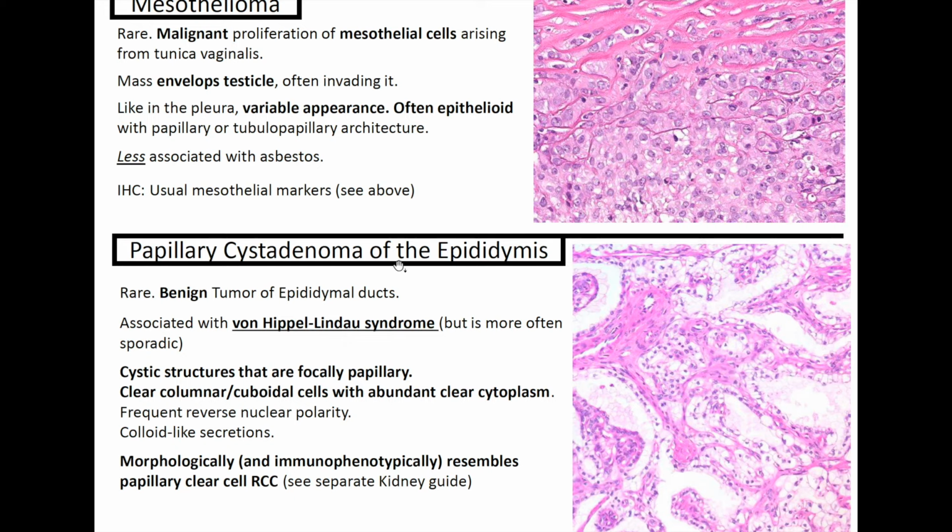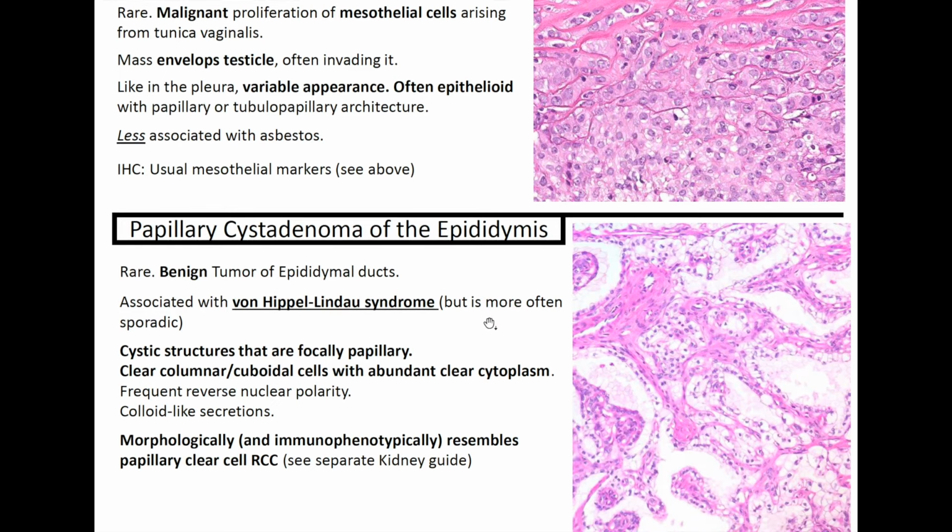There's frequently reverse nuclear polarity with colloid-like secretions, and morphologically and immunophenotypically, these resemble papillary clear cell renal cell carcinoma, which you can review in our kidney tumors video.